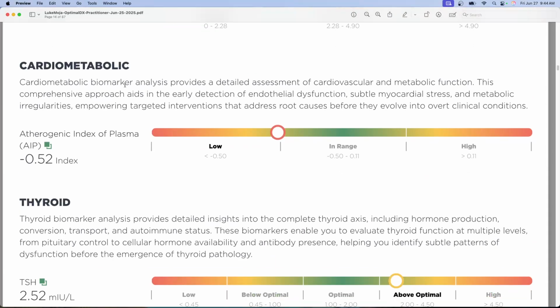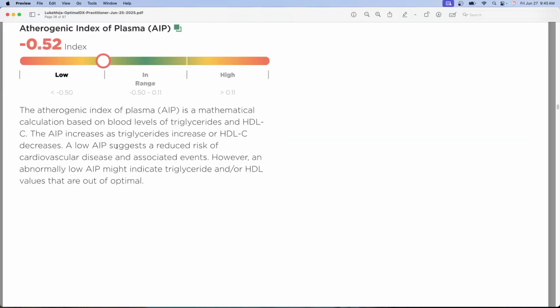So cardio and metabolic. So this is just one of their little estimations that they run based on your cardiovascular risk. Mine's in range. If anything, I'd rather that be low than high. But that's looking pretty good. We can read a little bit about what that says. It's a mathematical calculation based on your triglycerides and HDL. So that's good.